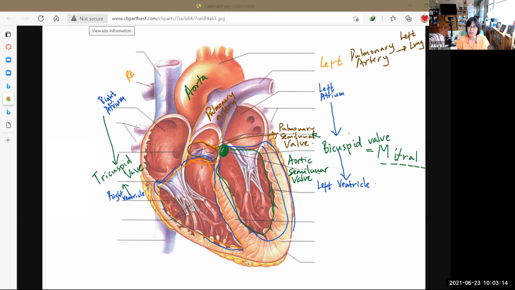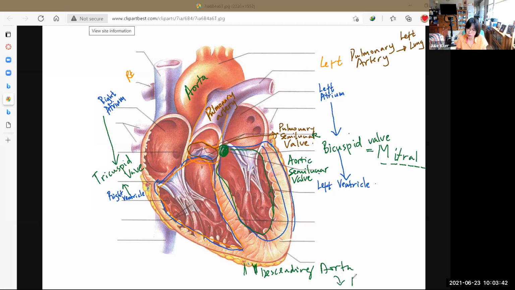Are we good? Okay, and we already know this is the pulmonary artery, right? And this aorta, this is ascending aorta, and it's gonna go down here. So if they ask you, down here it goes also all the way to the abdominal aorta. So this is descending aorta.